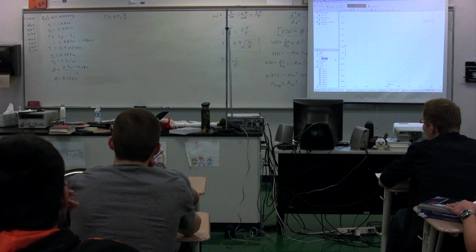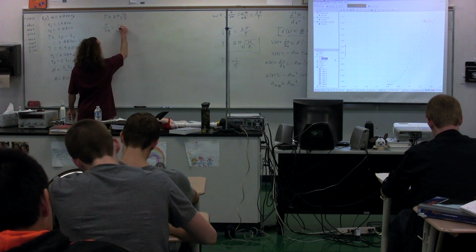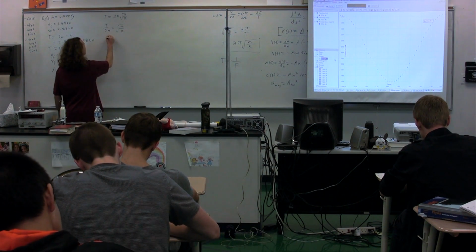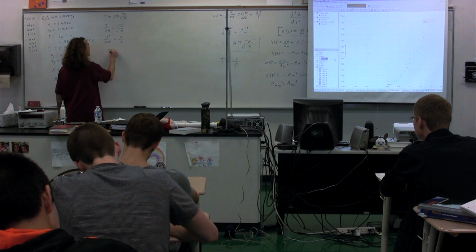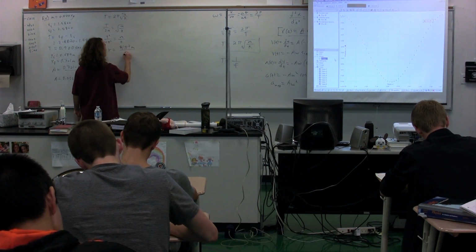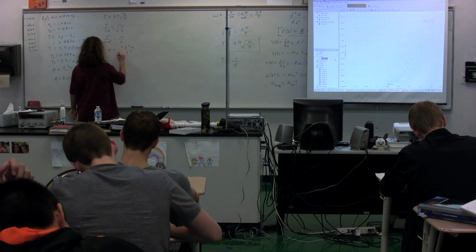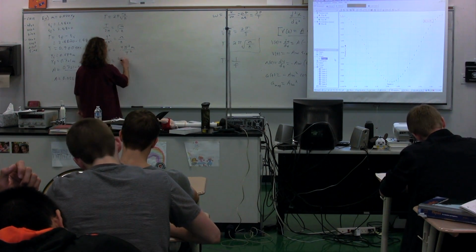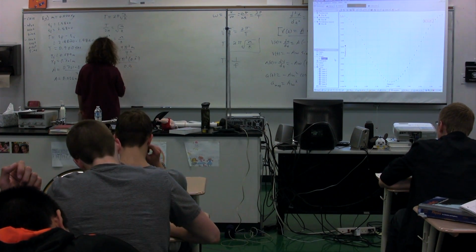If we're going to solve for the spring constant, we get the period divided by 2 pi equals the square root of m over k. Period squared over 4 pi squared equals mass over k. K is equal to 4 pi squared times m divided by the period squared. Spring constant equals 4 pi squared times 0.5 divided by 0.9 squared.